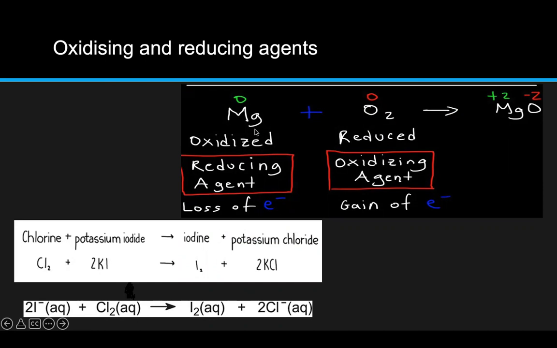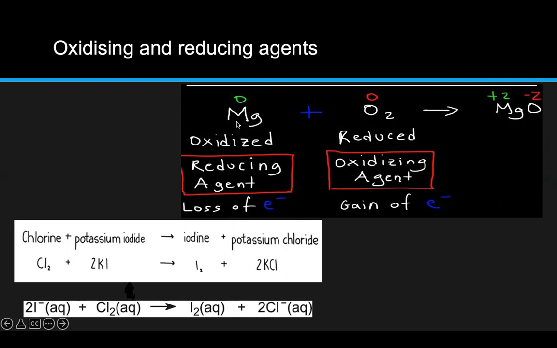You can see that Mg has reacted with oxygen, so it has gained oxygen, and so it has been oxidized. And since we cannot see what has been reduced, we need to take a look at the ionic form or the electron transfer.